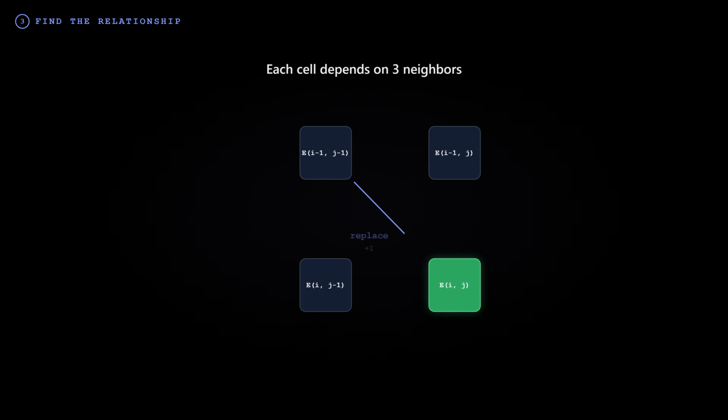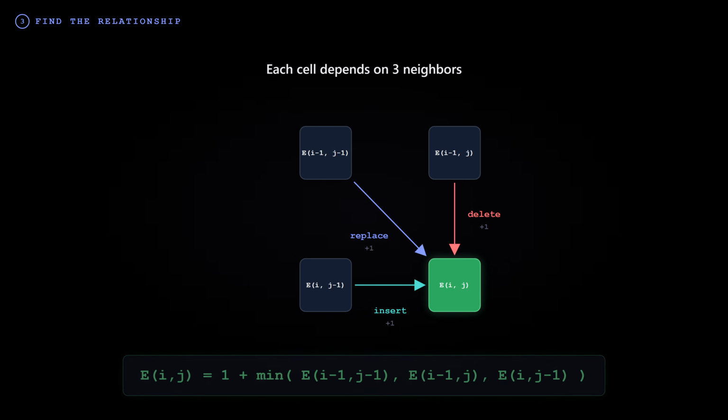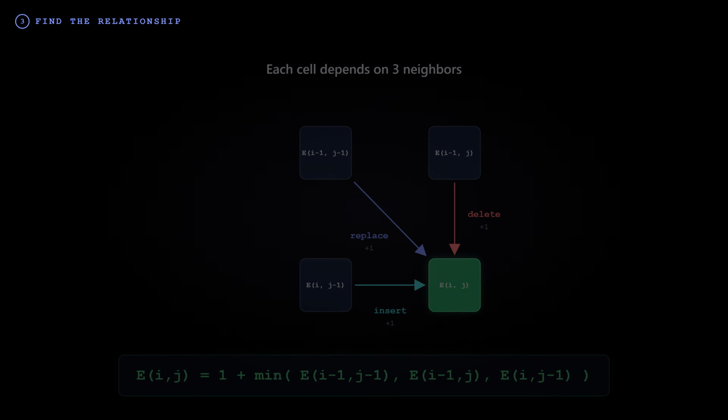If we replace a character, we consume a character from both strings, moving us diagonally, 1 plus E of i-1, j-1. If we delete a character from A, we move straight up, 1 plus E of i-1, j. And if we insert a character into A, we move left. 1 plus E of i, j-1. We just calculate all three and greedily pick the minimum.